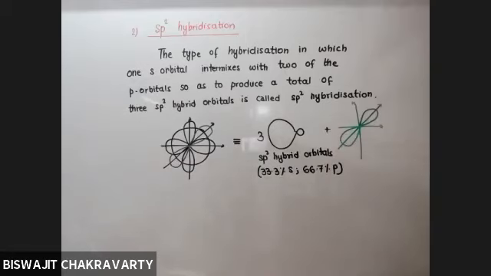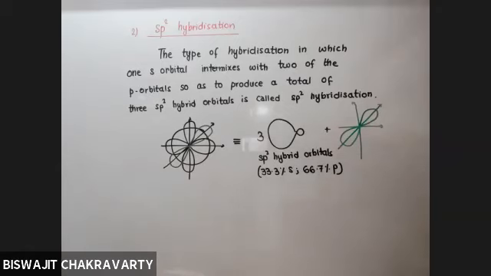Now, these 3 sp2 hybrid orbitals that are produced, they try to rearrange themselves so as to have minimum repulsion and maximum stability. And last class, we discussed that when it was sp3 and 4 hybrid orbitals were produced, the shape acquired was tetrahedral. But now the shape acquired will be no longer tetrahedral because 3 hybrid orbitals are produced.